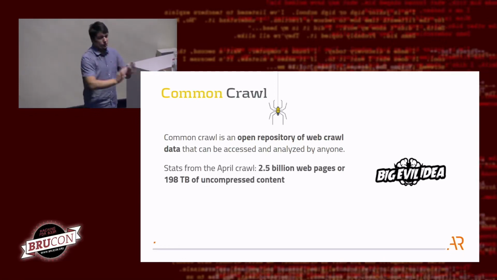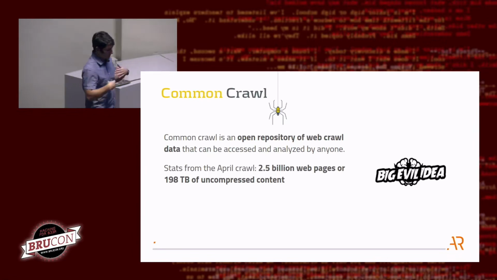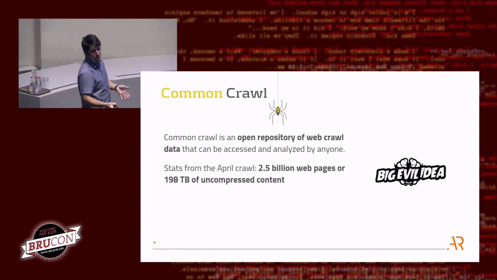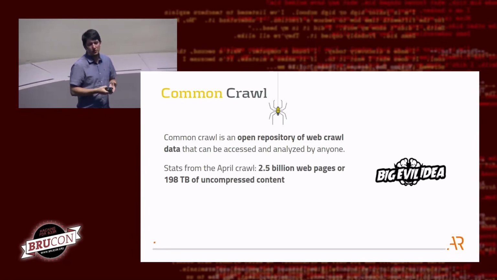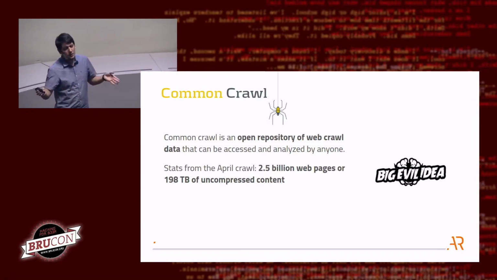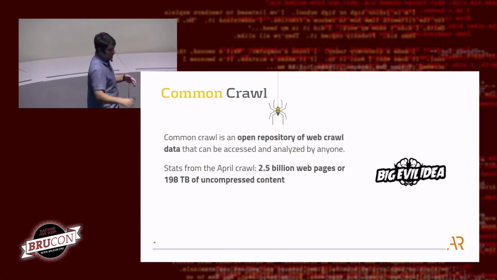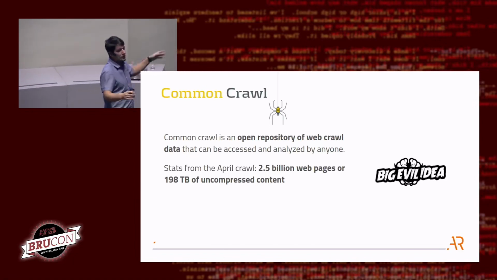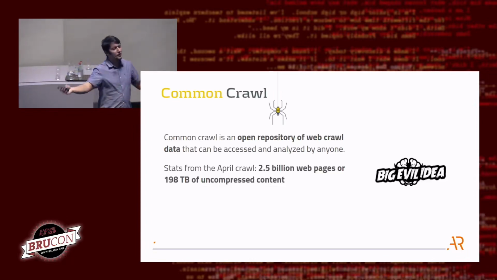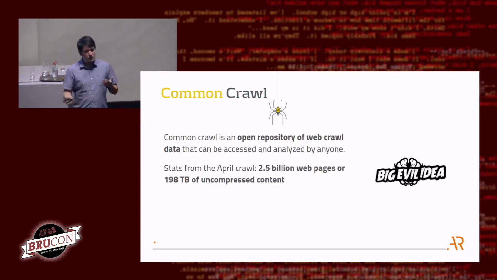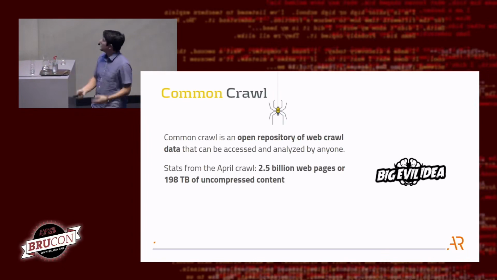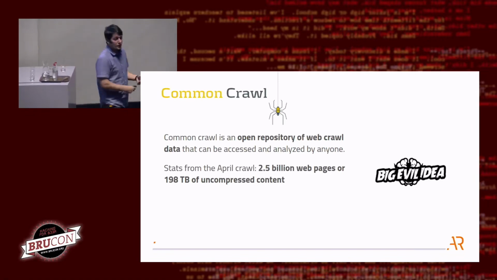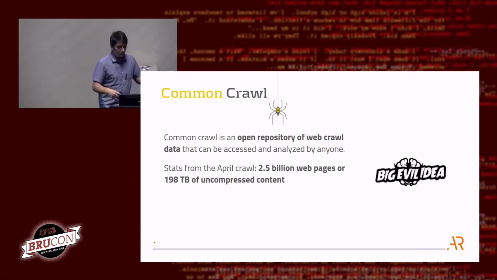They save those in a publicly accessible S3 bucket. So anyone can access the results of Common Crawl doing a spider of the internet. And they do a pretty decent job, around 200 terabytes of data and 2.5 billion pages. So that's content that's freely available.